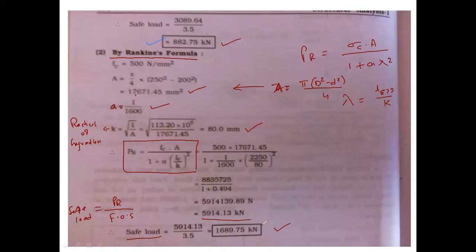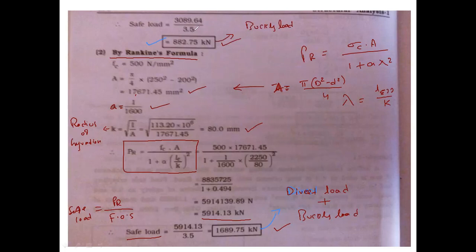See, the load you achieved with the Rankine formula takes care of direct load plus buckling load, right? But here, Euler's formula only takes care of buckling load.